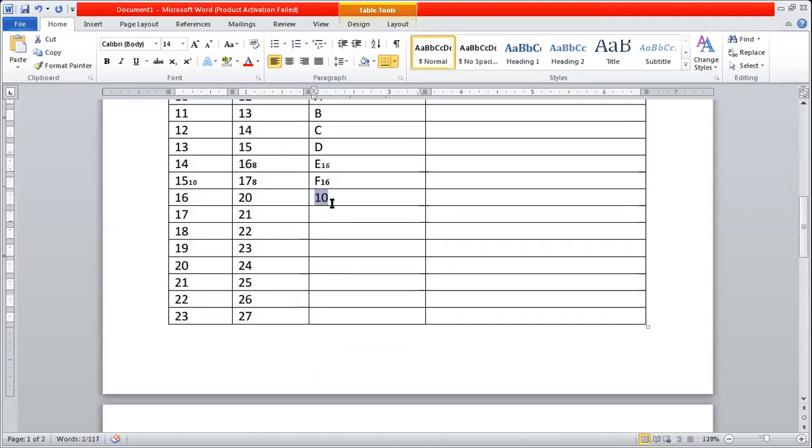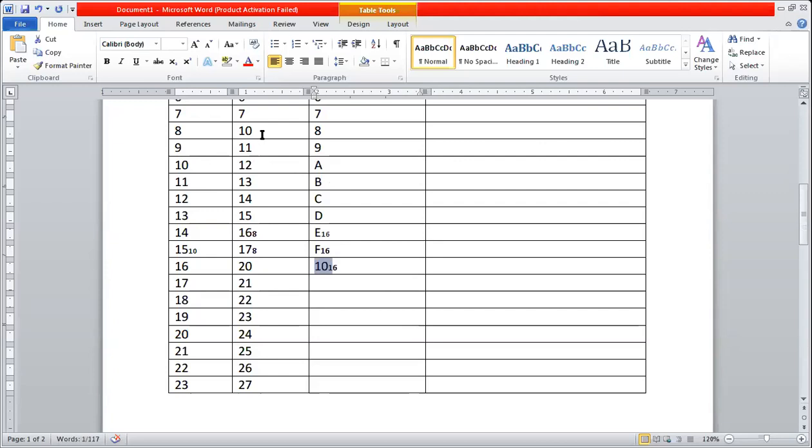So it is 10, but what about the base? When I write base 16, it is hexadecimal 10. So here also 10 we have, here also 10, and here also 10.